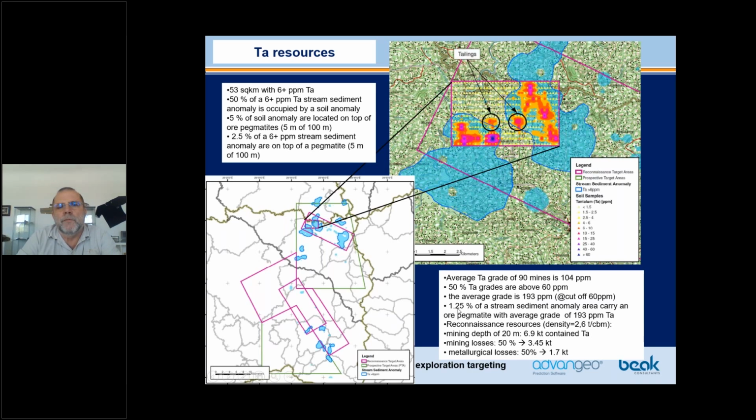So we can assume 1.25% of the stream sediment anomaly carry all pegmatites with a grade of 193 ppm, and assuming a density of 2.6, we may roughly calculate a potential of 7,000 tons of contained tantalum, and considering the losses, 1.7 kilotons of tantalum, assuming a mining depth of 20 meters. But this, of course, are very, very rough estimates, but they give us a chance to evaluate and rank the targets.